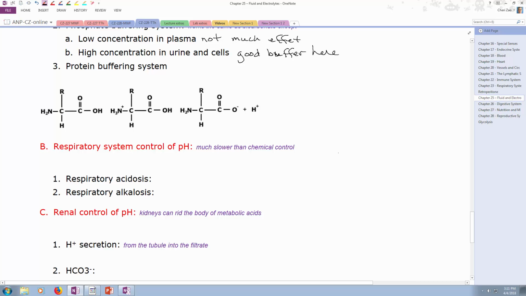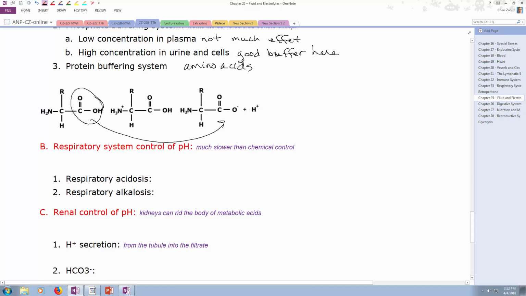Protein buffering system. This is still part of the chemical buffering system that we have. And what's important is proteins are made up of amino acids. So one end of the amino acid molecule is the acidic end, which means it will donate protons, which we see right over here.